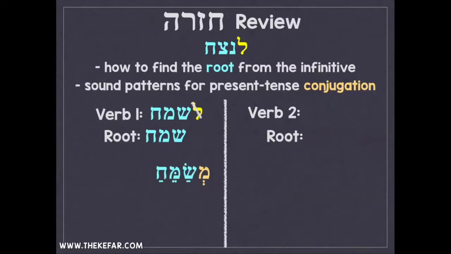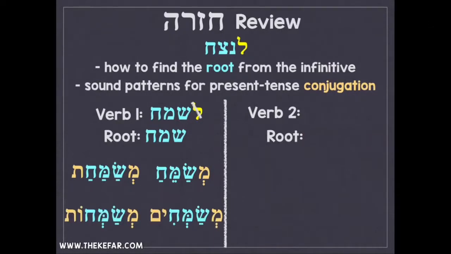So we get mesameach, okay, mesameach. And feminine singular is misamachat, masculine plural misamchim, and feminine plural misamchot. Okay, so from lisameach to misameach, misamachat, misamchim, and misamchot.